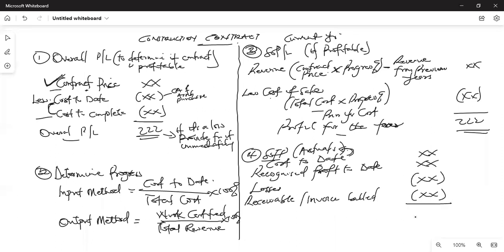Then you may get a positive or a negative answer. If it is positive, it's a contract asset. You add it to your current assets. If it is negative, it's a contract liability, and you add that one to your liability component. So this is how the construction aspect looks like.